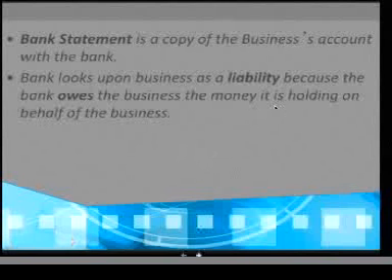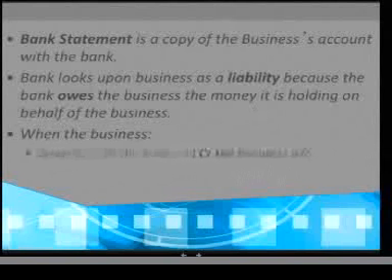Let's just keep going from the bank's perspective. So that when the business deposits that cash into the bank, you as the banker would record that cash being deposited and you would credit that business's account with you because you owe that money back.